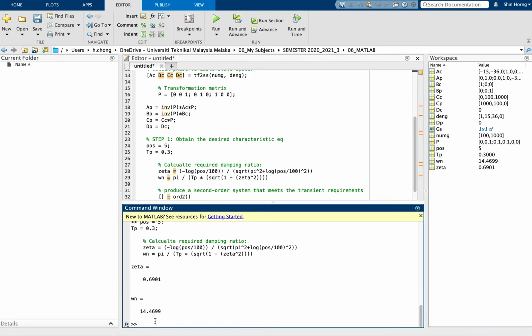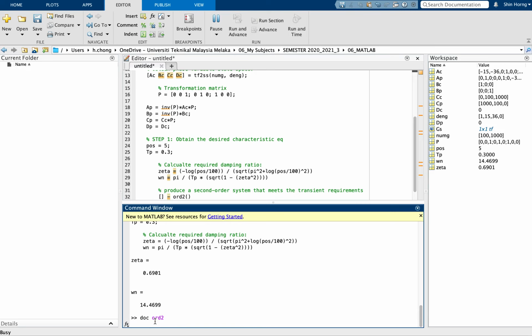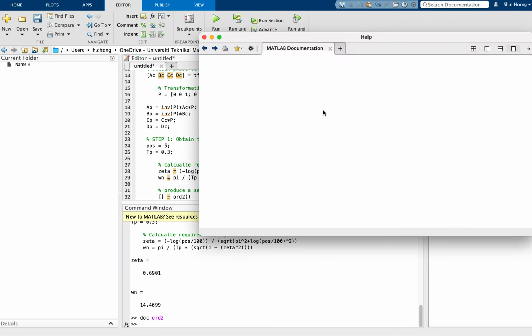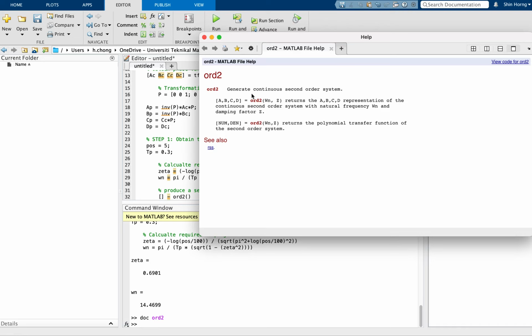You can see what that is. It generates a continuous second order system. You can use this command to return the state space or the transfer function, so you can use either one.